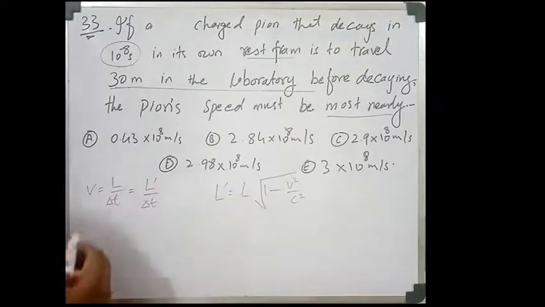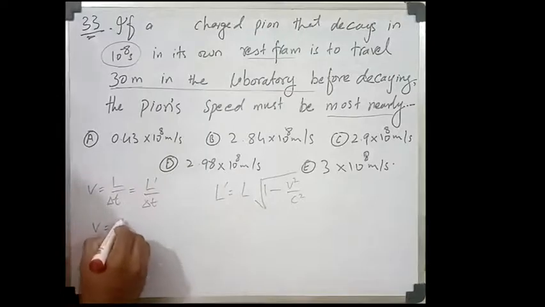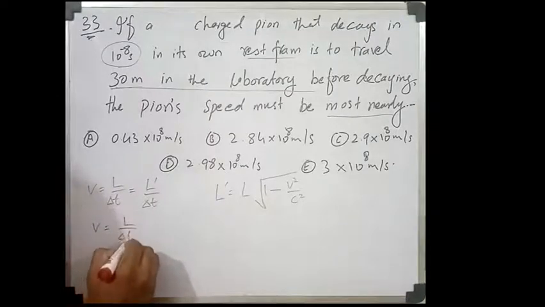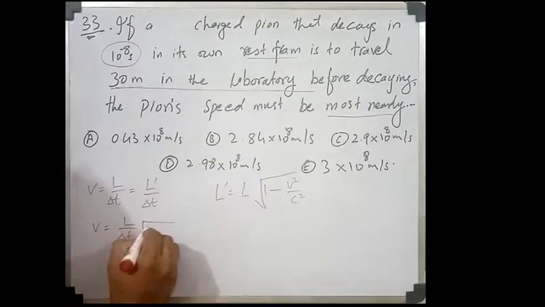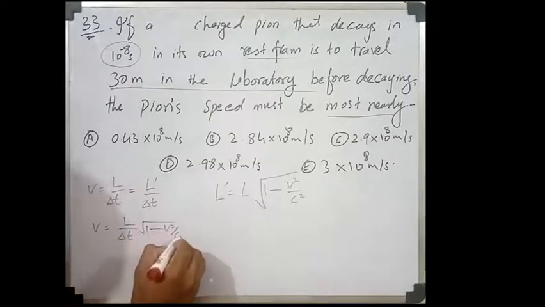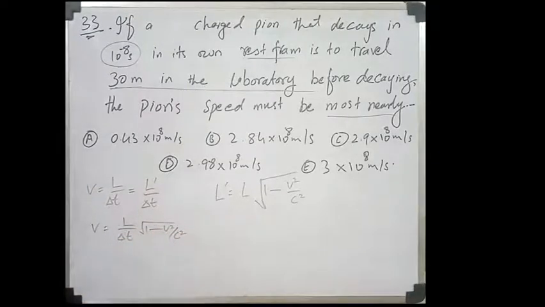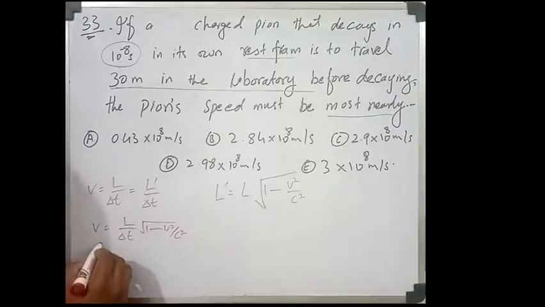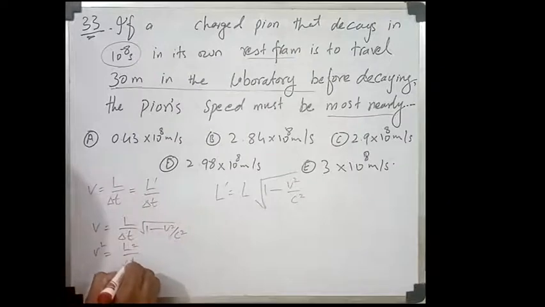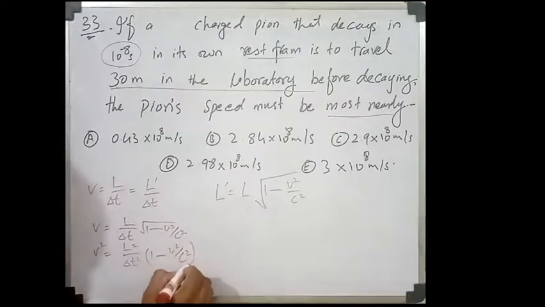We are putting here that v is equal to L divided by delta t into the square root of 1 minus v square over c square. We have to find this v. Squaring both sides, we will get v square equal to L square divided by delta t square into 1 minus v square over c square.